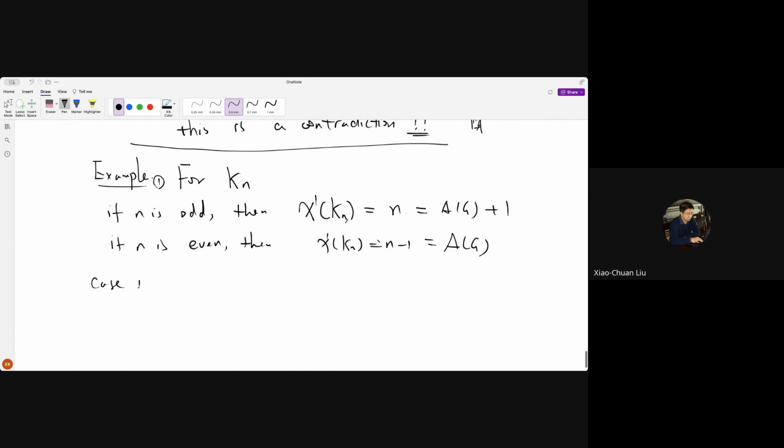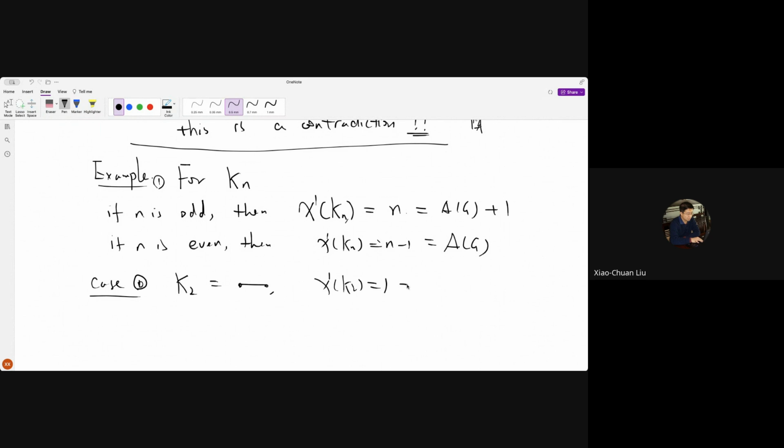So let me see. It's very clever, but let me look at K2. What's the chromatic index of K2? It's 1.